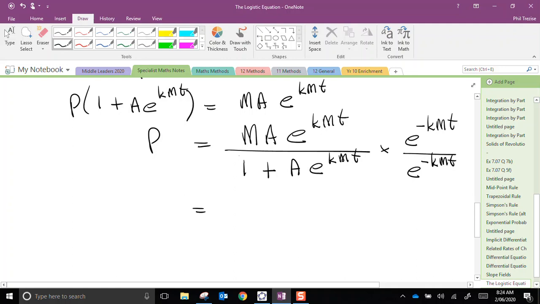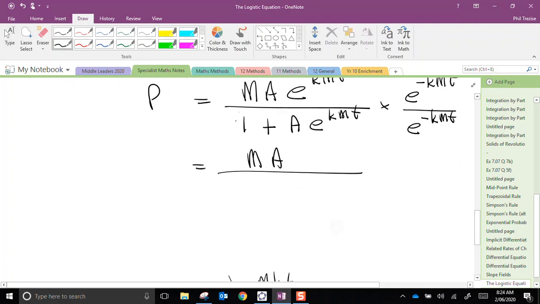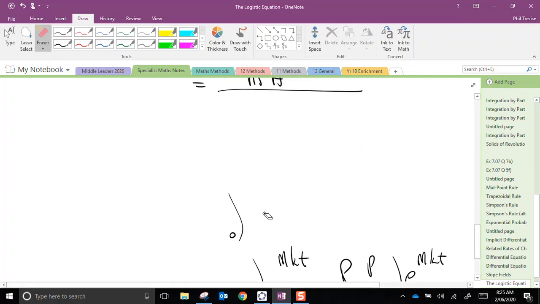So what do we get? Well, the numerator would become m times a, because by the time we add this to this, it's e to the 0.